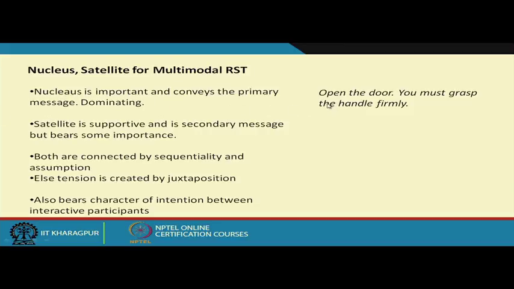So, let us take one example. Open the door, you must grasp the handle firmly. This is a linguistic example we are looking at, and when you say open the door, this in itself is the nucleus. It is not reliant on any other form. This is the primary message, open the door, and then you have a satellite which is grasp the handle firmly.